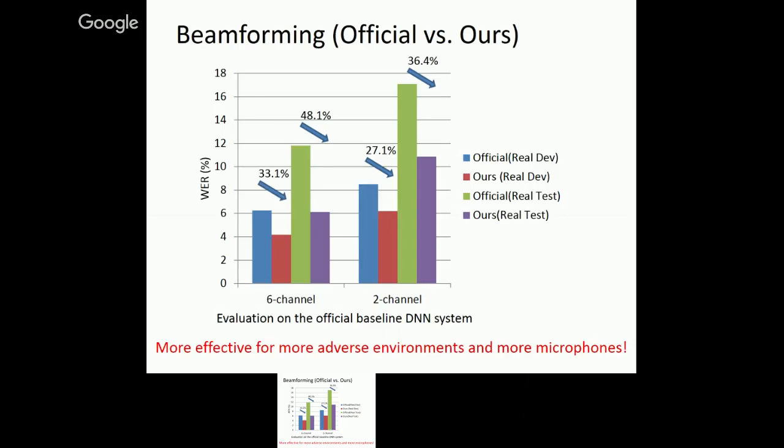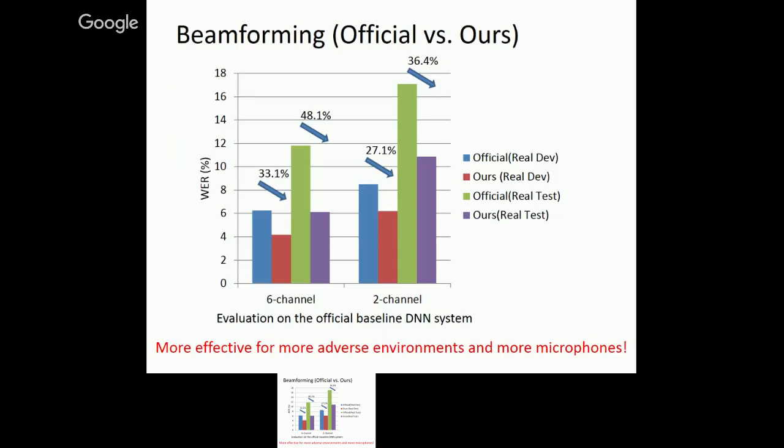We give the results on both the real development and the real test set, and compared with the officially provided method, our method gives significant error reductions. For 6 channels, the improvement is much more. Our conclusion here is that our beamforming method is more effective for more adverse environments.